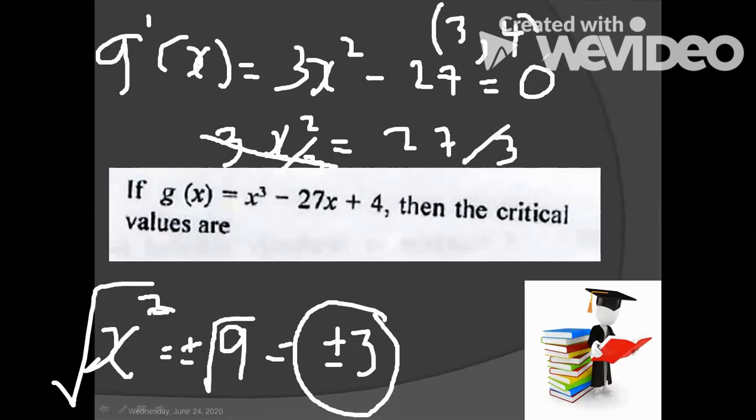So you know what the 3, 4 represents? 3, 4 represents the turning point, critical point, or stationary point. But if they ask you to find the critical values, that's different from the point. They're talking about when you put it equal to 0 and solve for x. So we solve this for x and we got what? Plus 3 and negative 3.